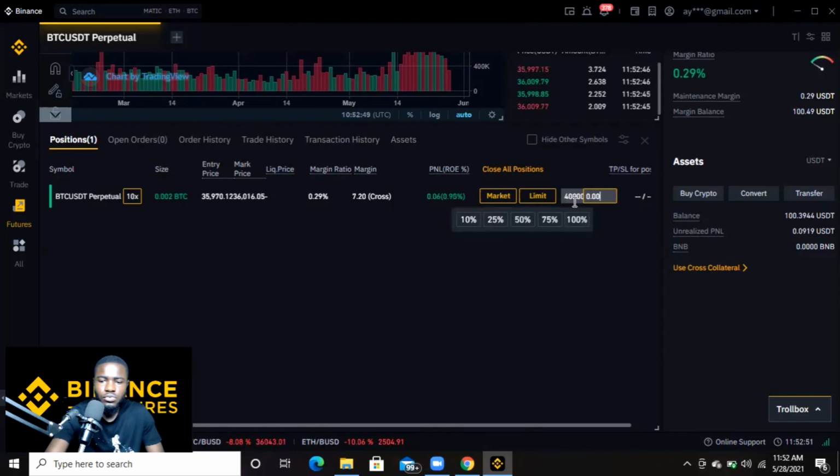You can decide to put 0.001 BTC, right? Or you can select how many percentage you want it to sell for you at 40,000 or any price you want to set, right? But basically, let's leave it at 0.002 BTC. So I can set it at 40,000, and if I click on limit, it's going to sell.